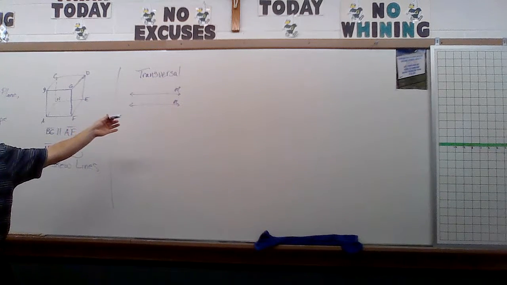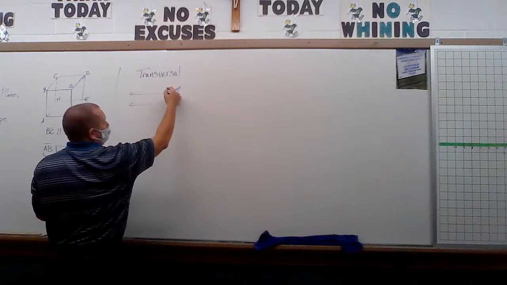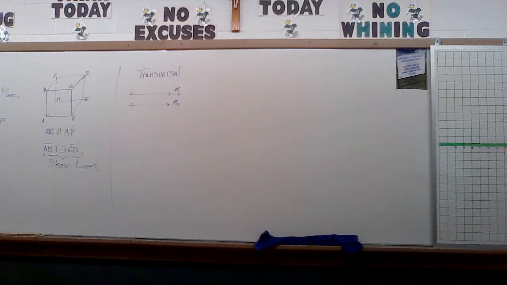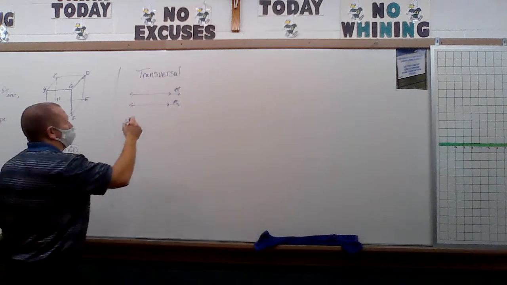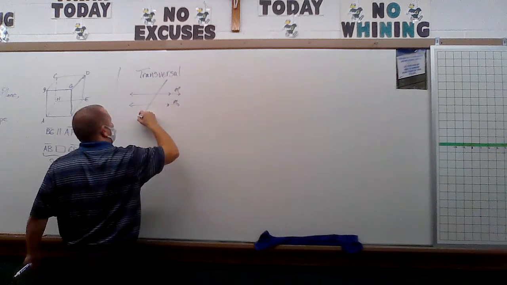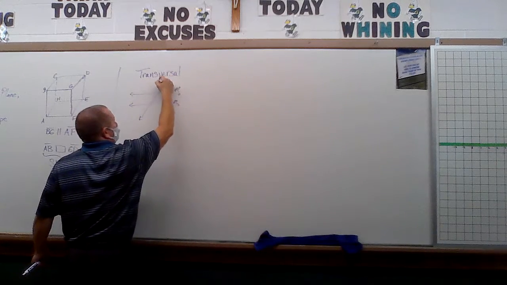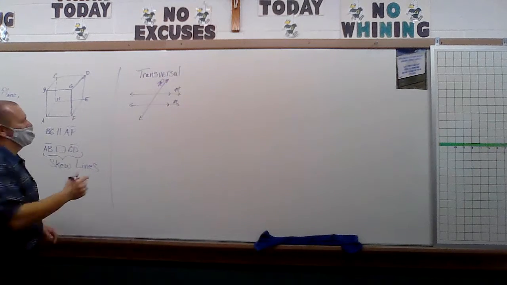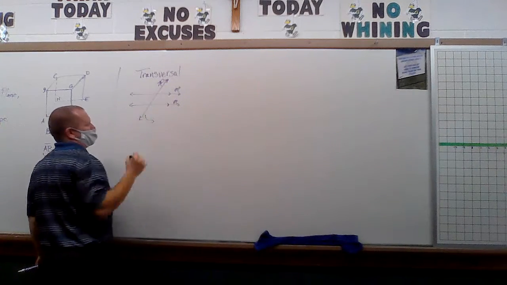Even if I meant them to be, the only time that they would become definitely parallel is me putting that arrow on there. Okay? So a transversal then is this line K, or R. I guess I made it an R. Okay? And so, there's my transversal.